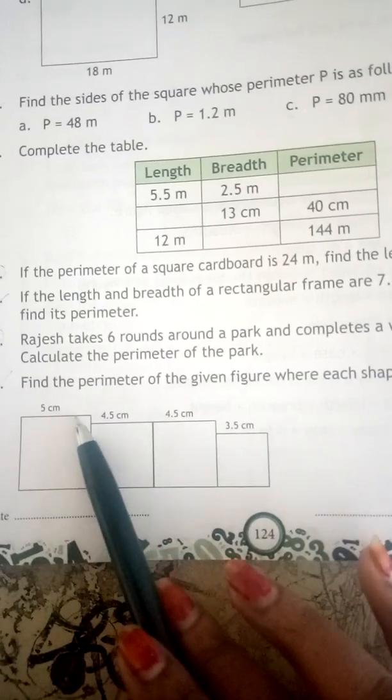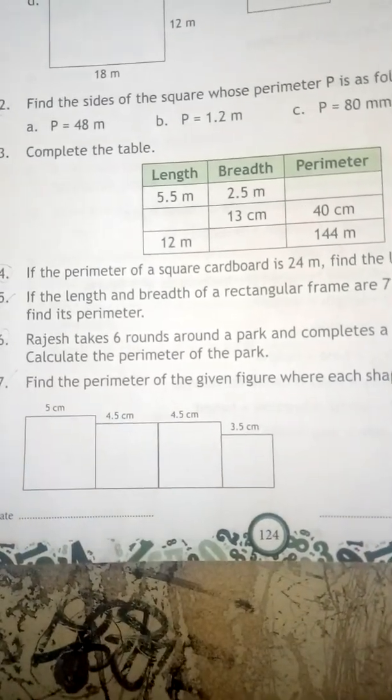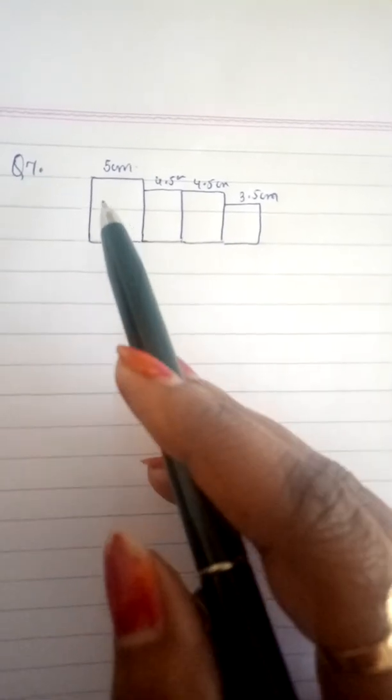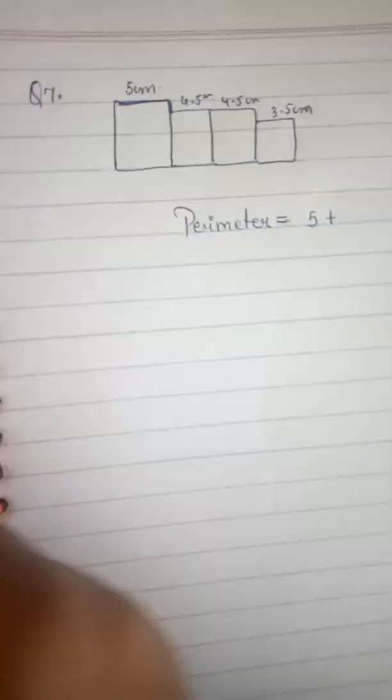Okay, so here we'll start from here, 5 centimeter. Here I have drawn a small rough figure, so it will be 5 centimeter. So let us add. Perimeter equals 5 plus, now this length, we have already added this 5 centimeter.